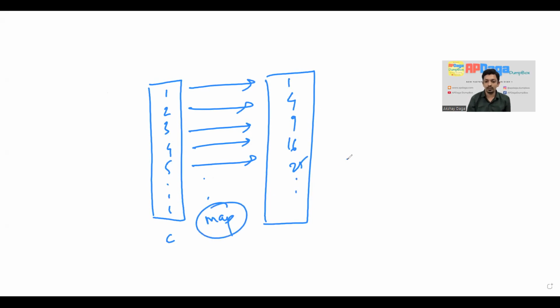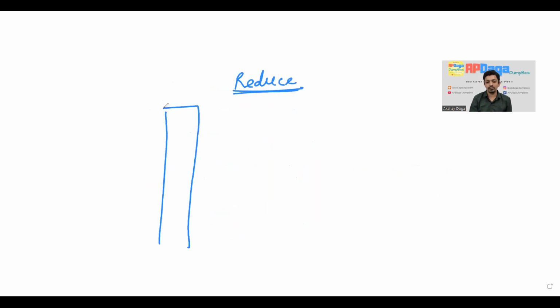One-to-one mapping using map function. Okay, that was clear. So I'm clearing this. Now when we talk about a reduce function, again there is an input collection, let's say C, with some elements 1, 2, 3, 4, 5 and so on.